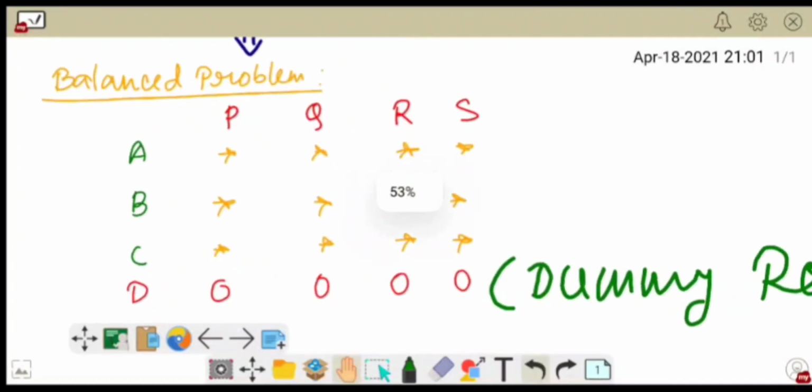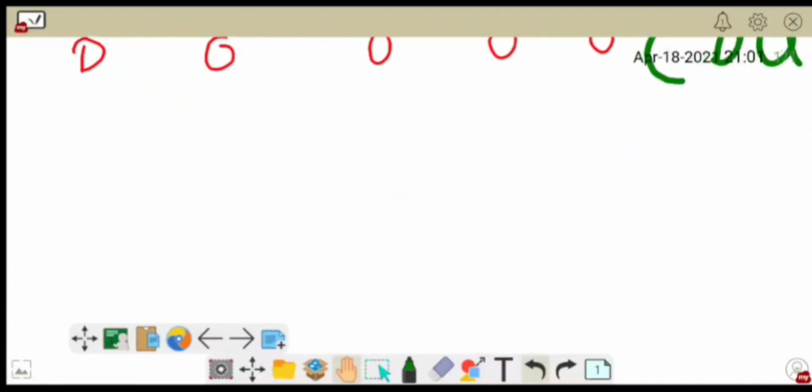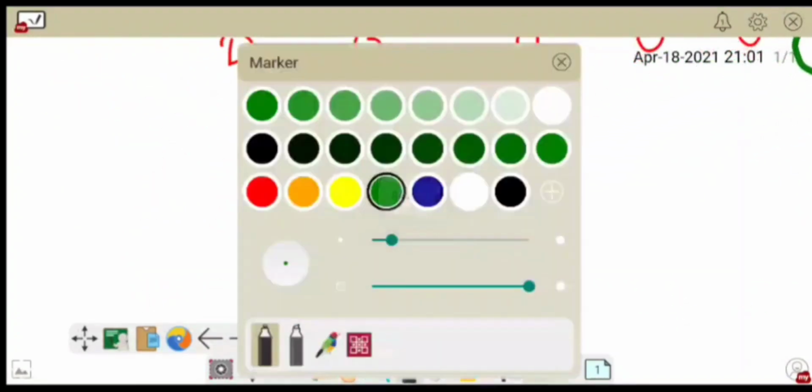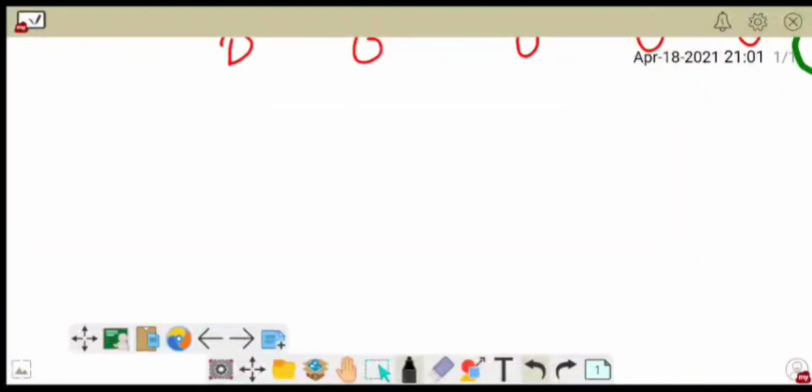Now we will move forward to note number 2. So what is note number 2?